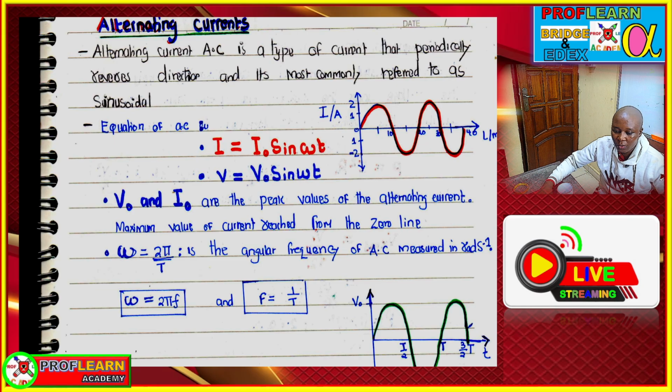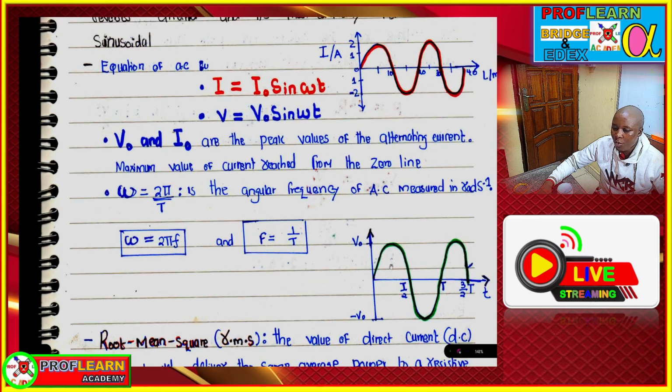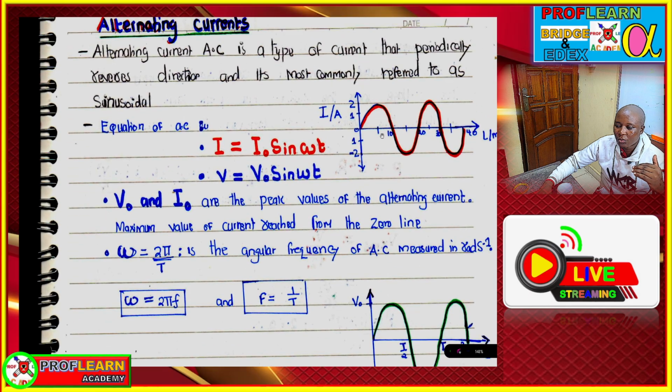The highest value is, for instance, if you're having this, the peak voltage or the largest current is 2. So you are going to have maximum voltage or maximum current, which is referred to as the peak current or peak voltage.